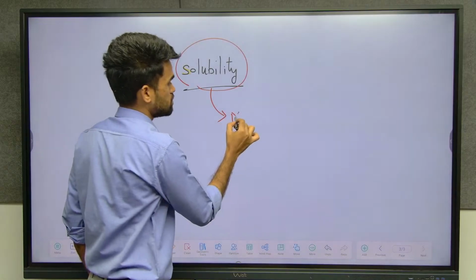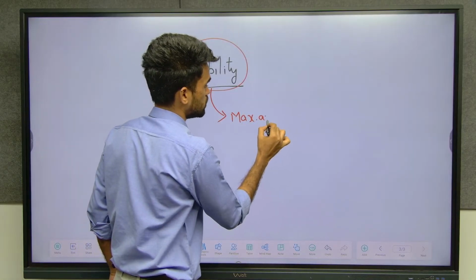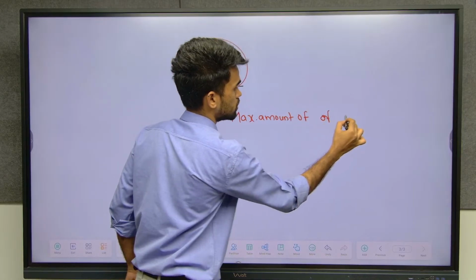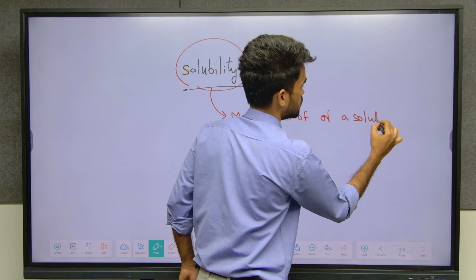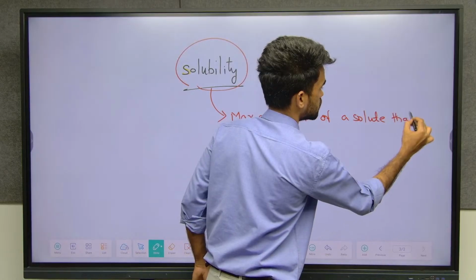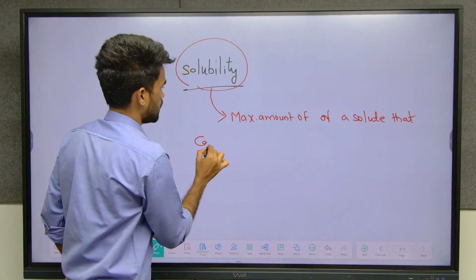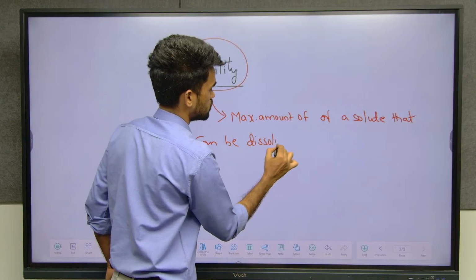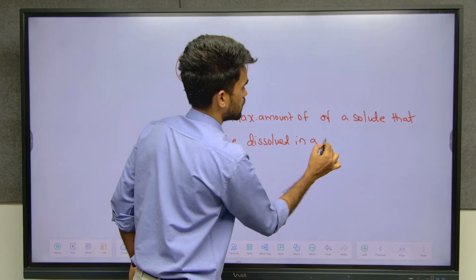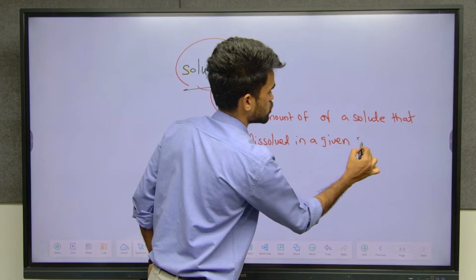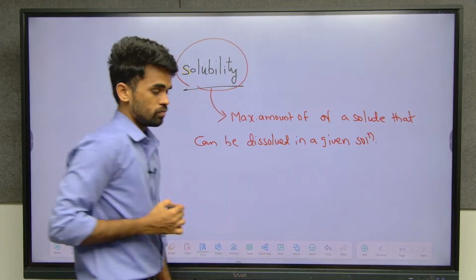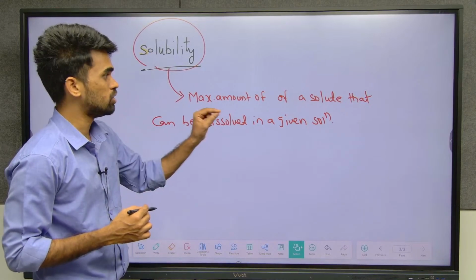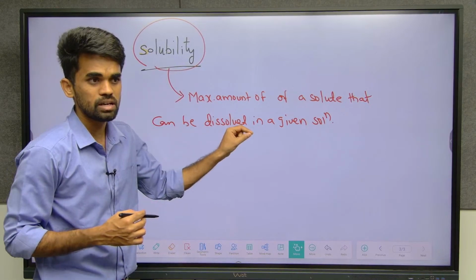See, the maximum amount of a solute that can be dissolved in a given solution. What is solubility? The maximum amount of a solute that can be dissolved in a given solution.